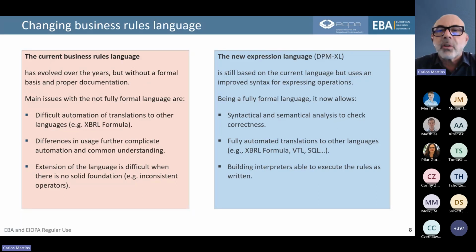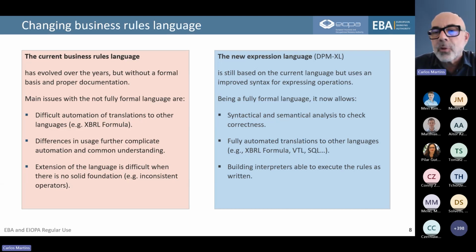It's still based on the current language. Actually, you'll find it very similar, but there are some improvements which make all the difference. So now it's a fully formal language, and it allows the syntactical and semantic analysis to check the correctness of the expression, which of course we were already doing, but now it's much more simple to automate this.